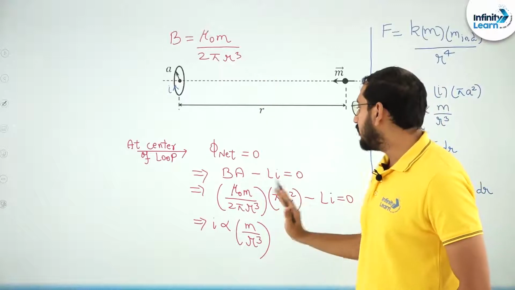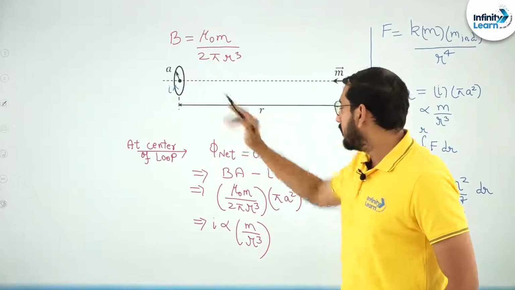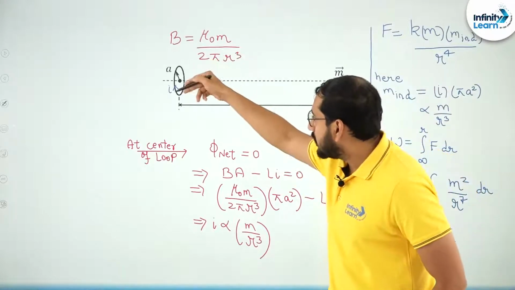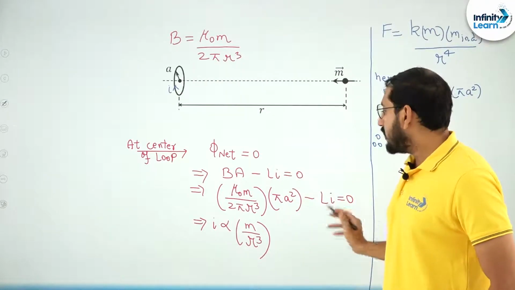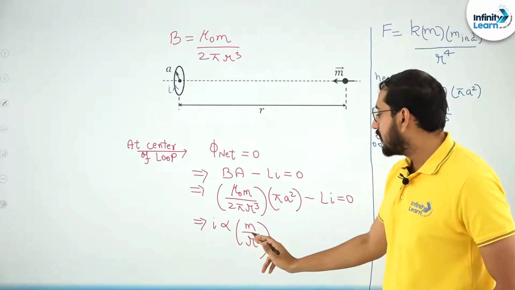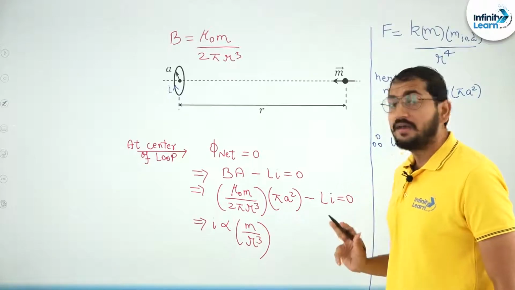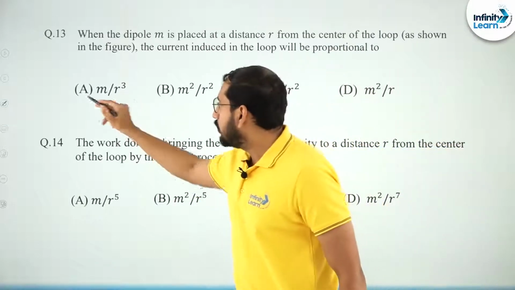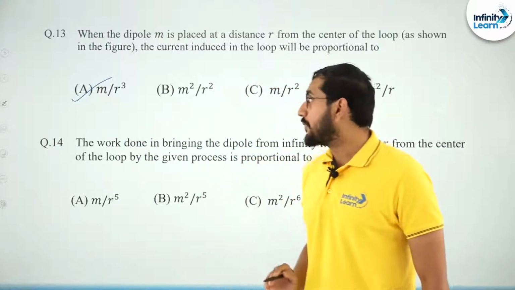I have written the magnetic field. The area of the loop will be pi a square. L into I is the flux because of this induced current, right. Now if I see the proportionality, this induced current I is proportional to m divided by r cube, and if I check my options, option A will match for question number 13, right.